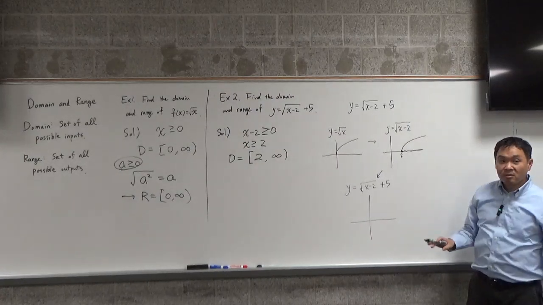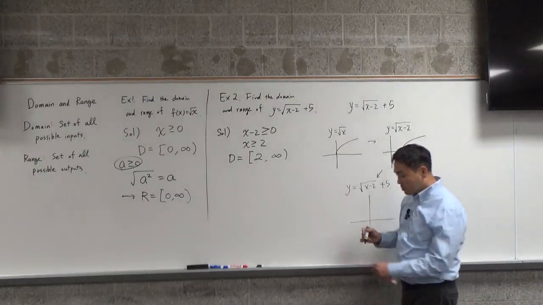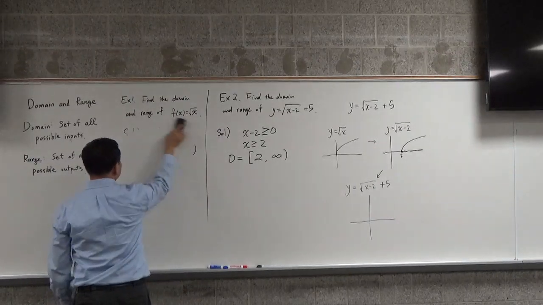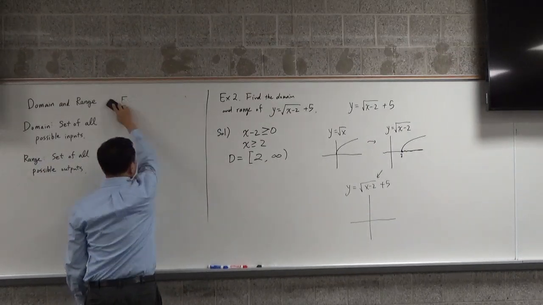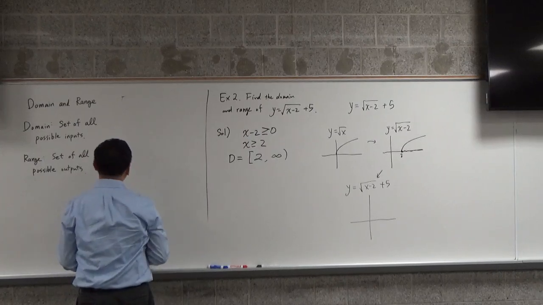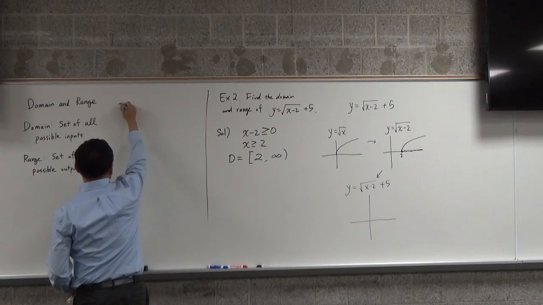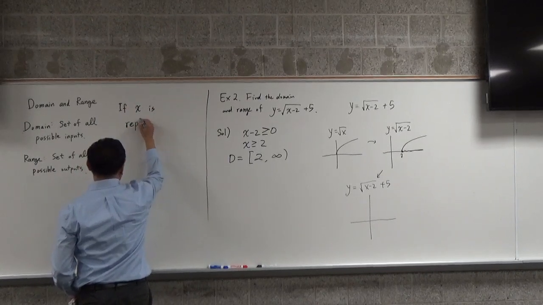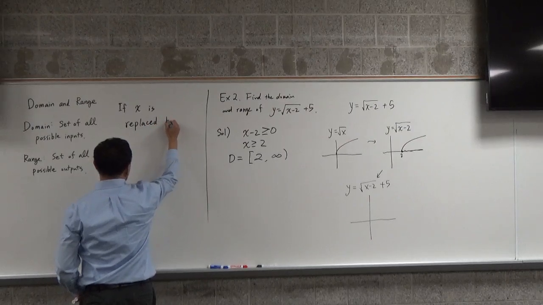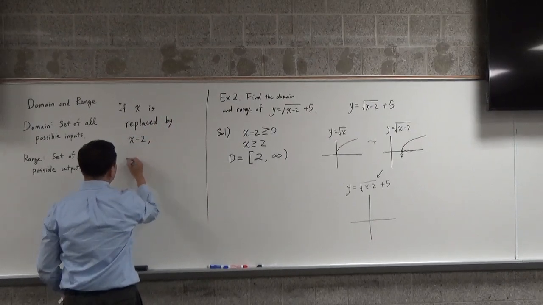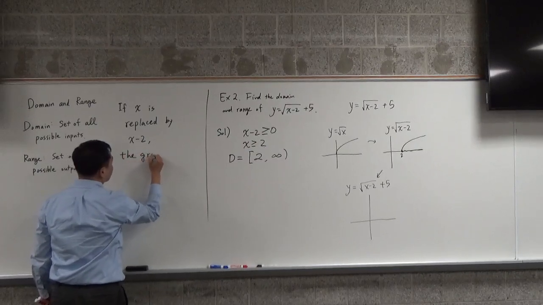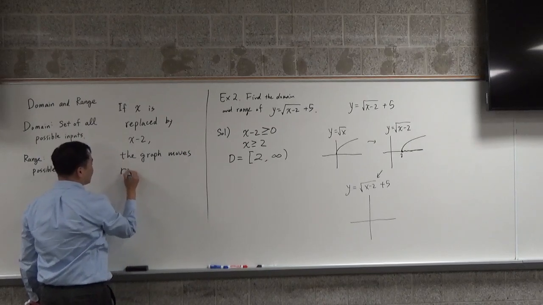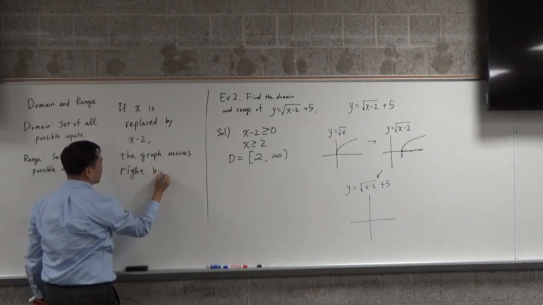And this is something that always happens. So let me just write that over here as some principle. If x is replaced by x minus 2, the graph moves right by 2.